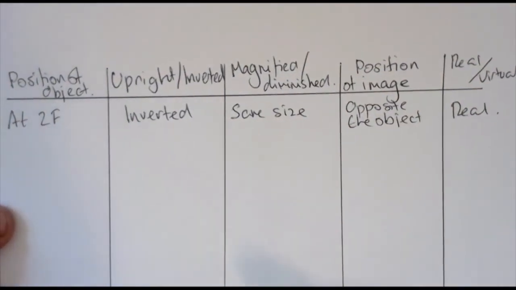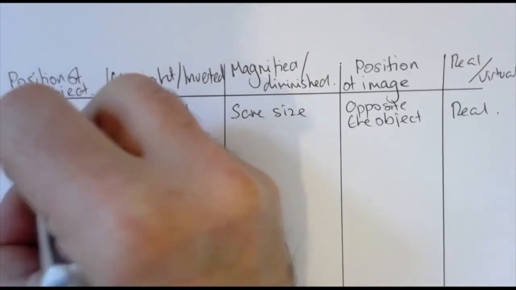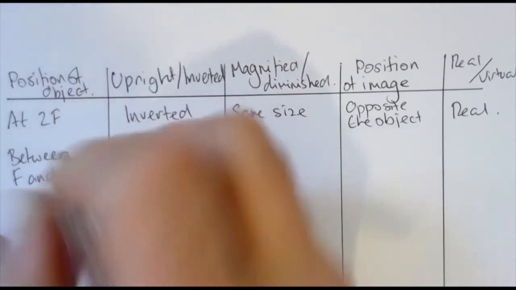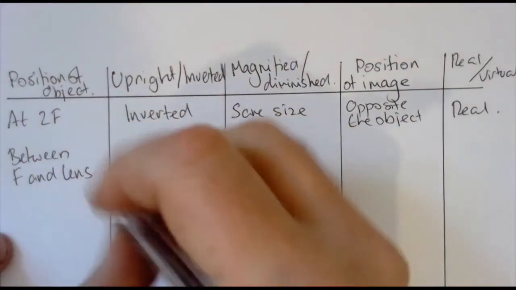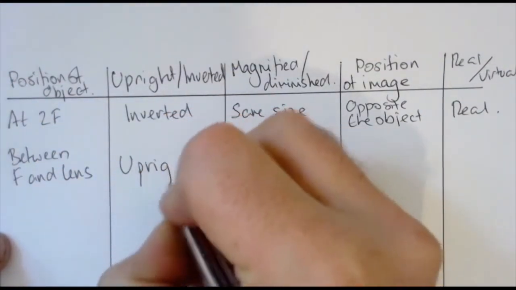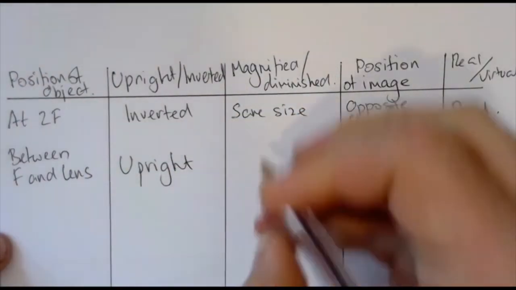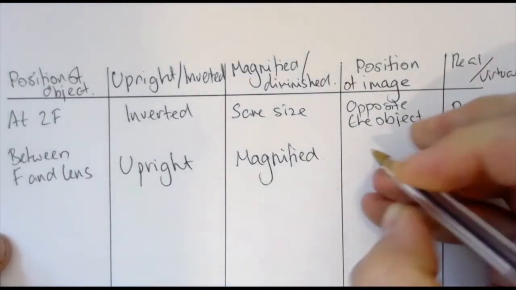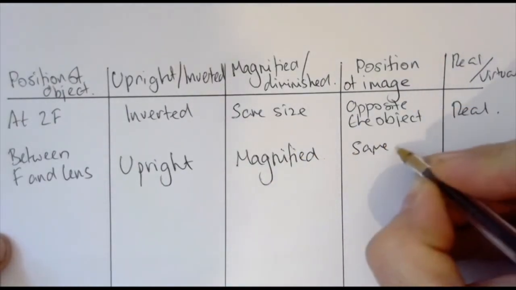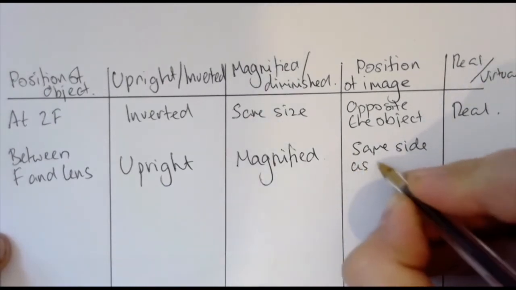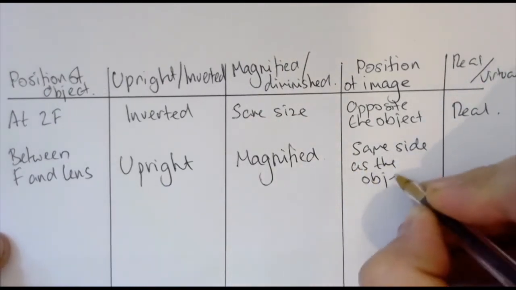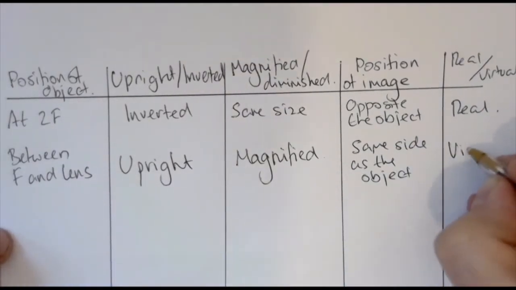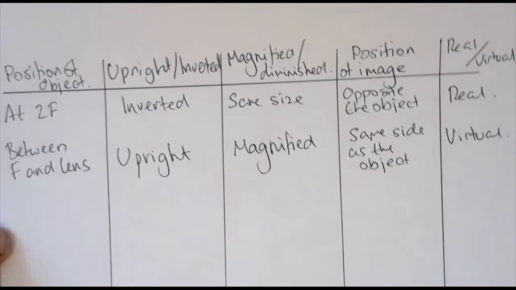The next one we did was between f and the lens axis itself. Well, this was upright, it was magnified, and because it was upright, we know that it was a virtual image, not a real image.